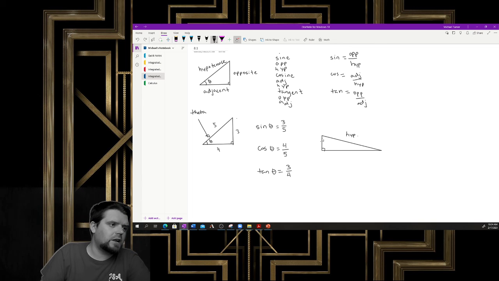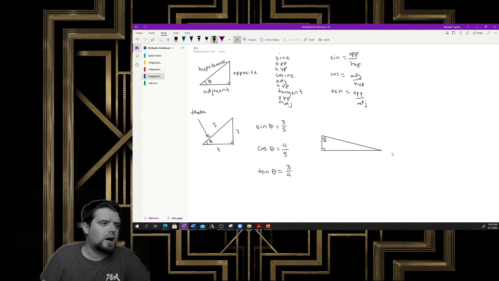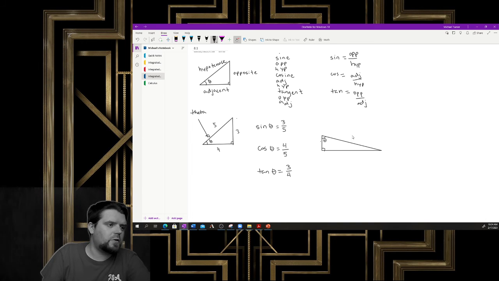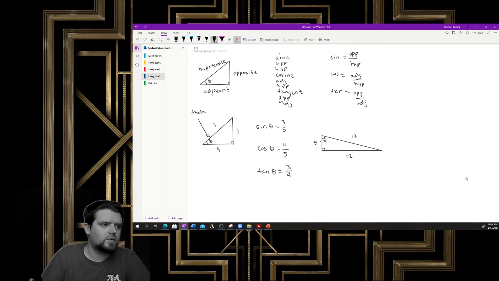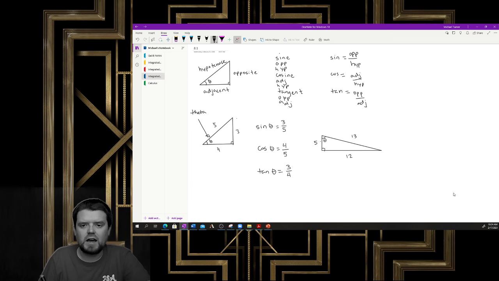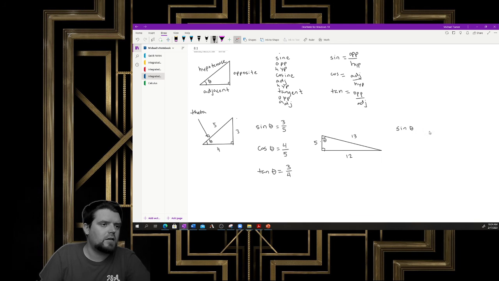So let's say we're looking at this angle. And I give you 13, 5, and 12. And I ask you to find the ratios of that angle. So you would just go through. Sine is opposite over hypotenuse. So for this angle, opposite is 12, hypotenuse is 13.